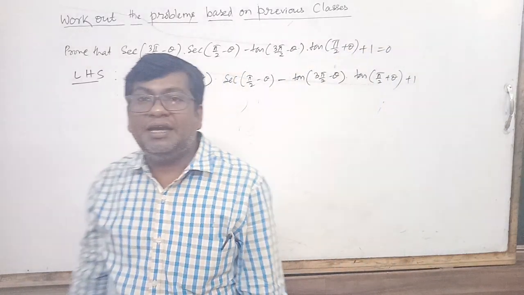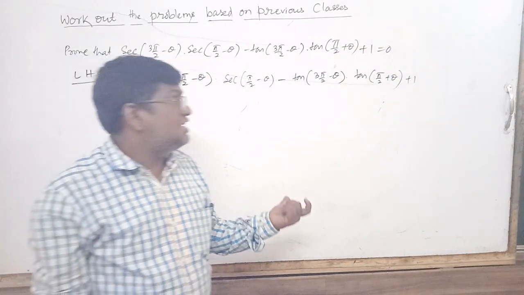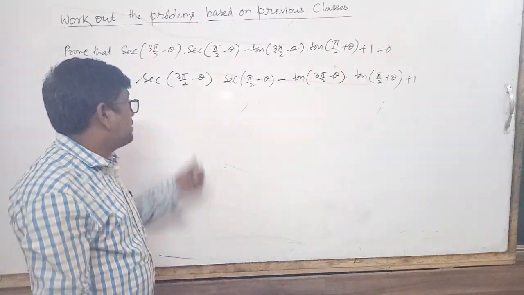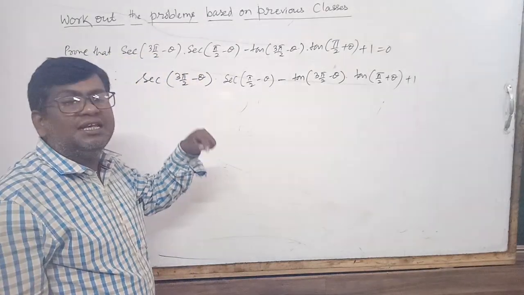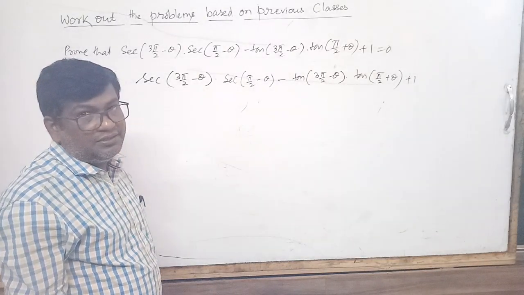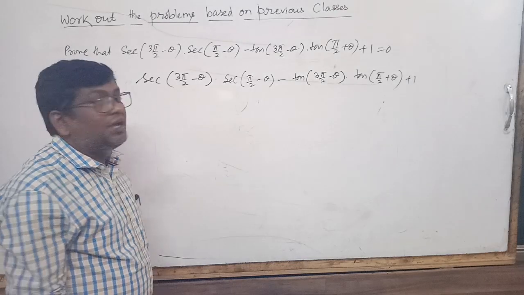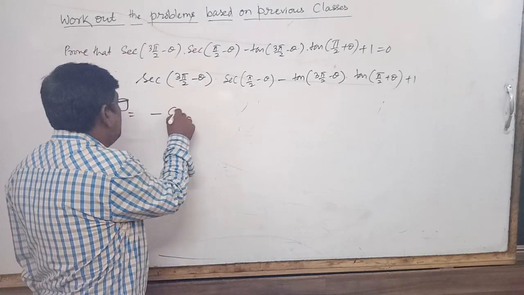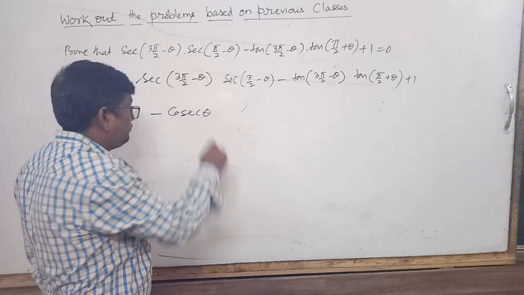Clear? 3 pi by 2 minus theta lies in third quadrant and it is a pi by 2 form, so sec changes to cosec. Due to third quadrant, sec 3 pi by 2 minus theta is equal to minus cosec theta.